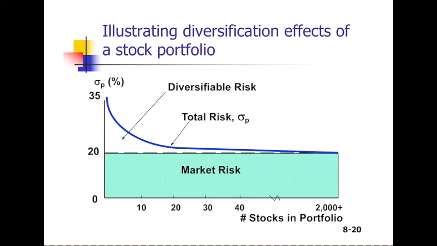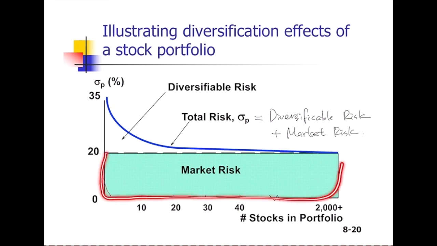Total risk is calculated by diversifiable risk plus market risk. As you can see, when you add more stocks, this part cannot be reduced, right?